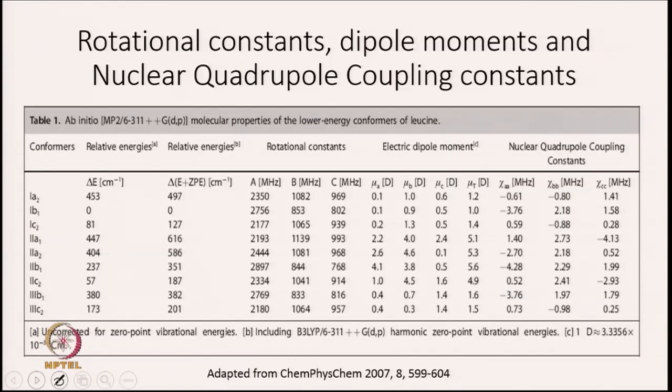For these 9 lowest energy conformations, they calculated the rotational spectra, the rotational constants A, B, C, the electric dipole moment, and the nuclear quadrupole coupling. So, these are all theoretical calculations.